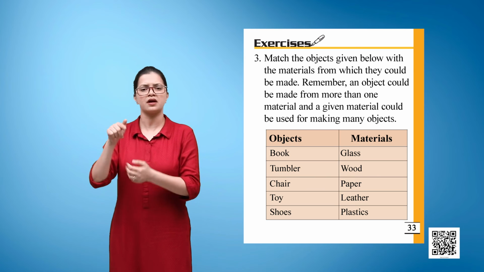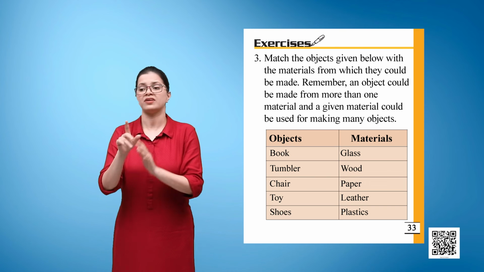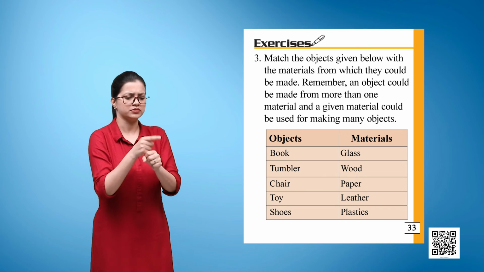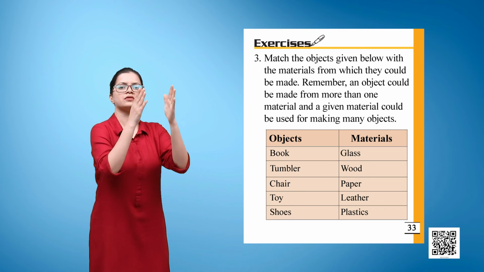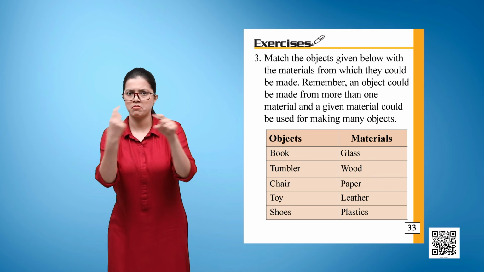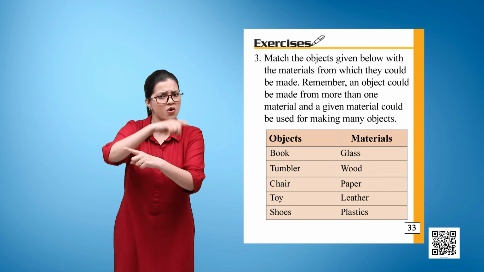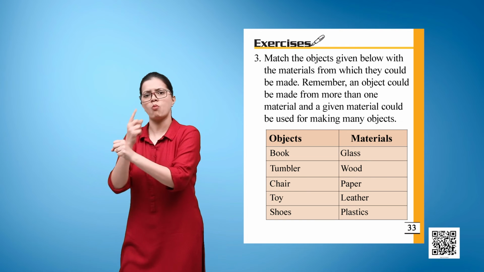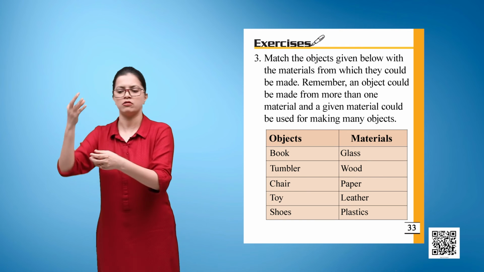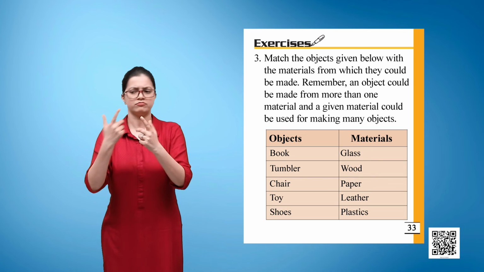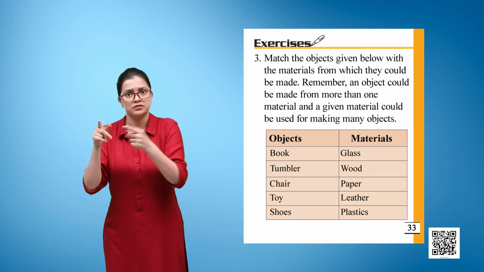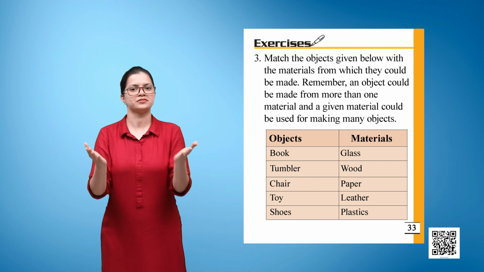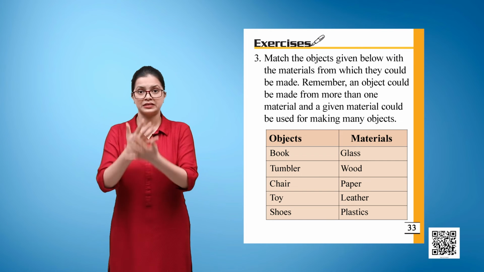3. Match the objects given below with the materials from which they could be made. Remember, an object could be made from more than one material and a given material could be used for making many objects. Here is a table.